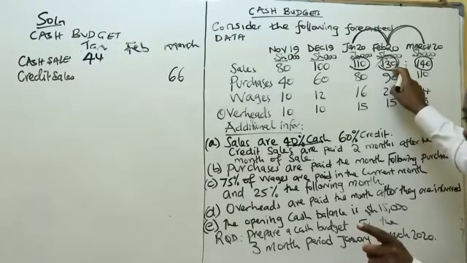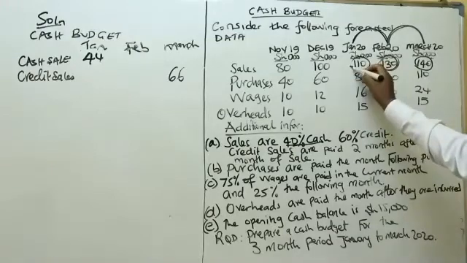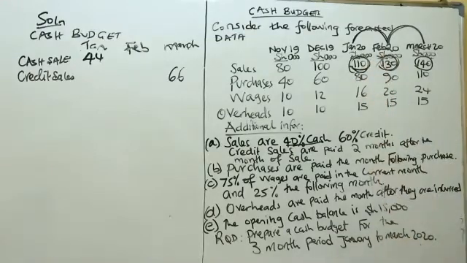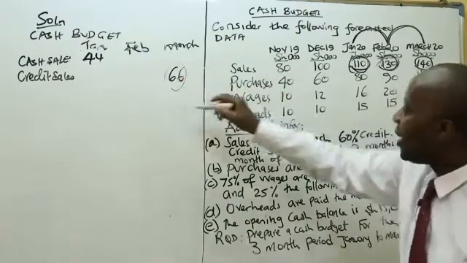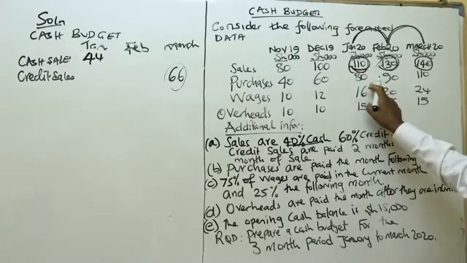We have John Lenny saying it is 60, it is not 66. Somebody help me out here. 60% of 110, John, the 66 we wrote here, 60% of 110 is 66.